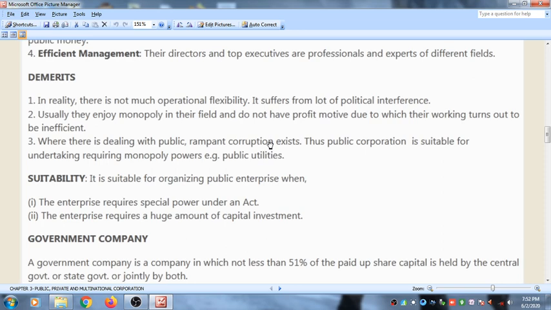In reality, all operations and actions are subject to many rules and regulations. As a result, it suffers from political interference. Second demerit is, usually they enjoy monopoly in the field and do not have a profit motive, due to which their working turns out to be inefficient.